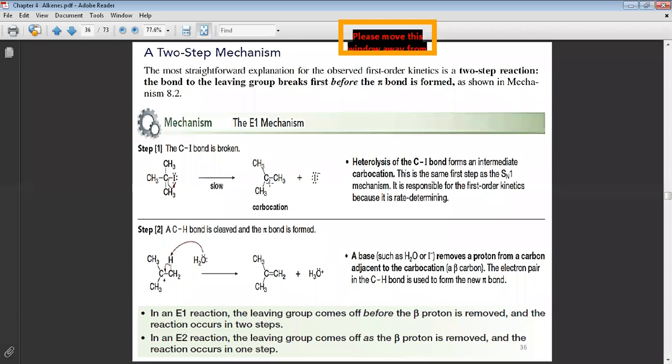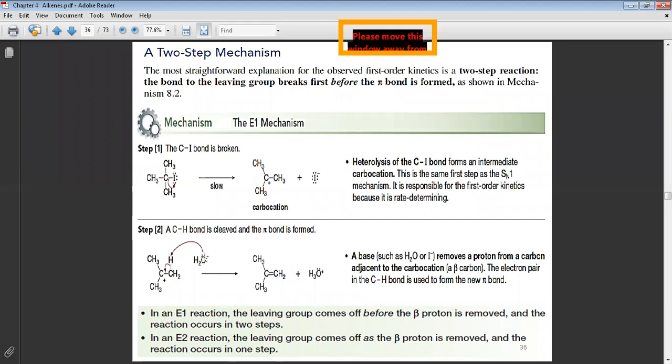Is this carbocation stable? Yes, stable. Why stable? Because it is a tertiary carbocation. All these R groups donate electron density to the positive charge and make it more stable. Now the second step, the base, the H2O, removes a proton from the carbon adjacent to the alpha carbon.